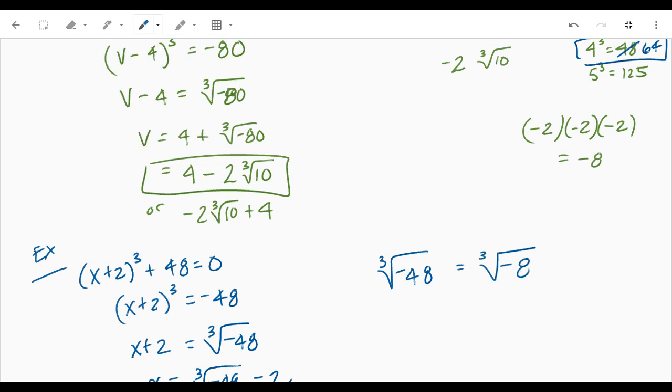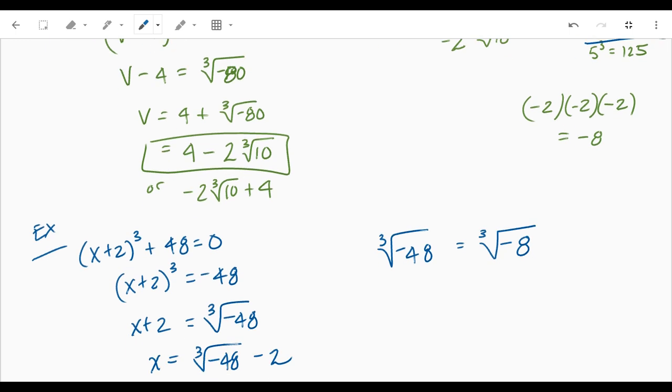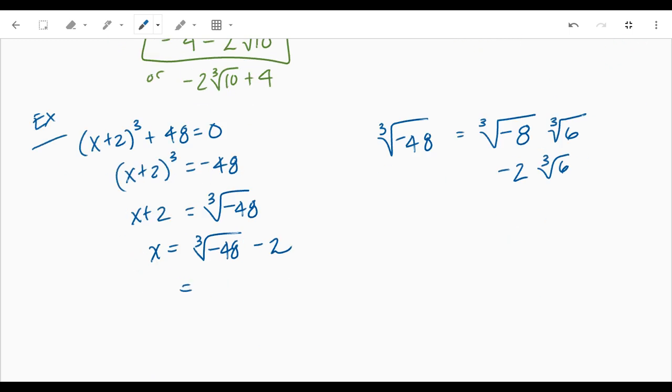Right? And like I said, they're not going to throw anything too big at you there. It's usually going to be 8. And then the cube root of 6. So we have negative 2 cube root of 6. Okay, so we'd have negative 2 cube root of 6, and then minus 2. Okay, all right, next one.